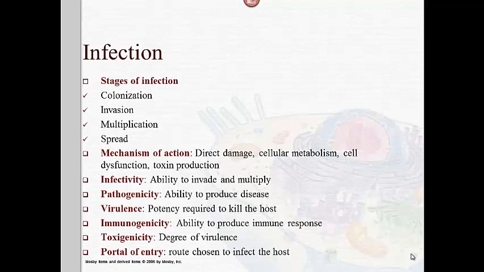Now, they do this by a mechanism of either direct damage to the tissue locally through cellular metabolism, because the virus or bacteria or any type of microorganism could invade once they enter the lymphatics, the blood, or the internal organs.